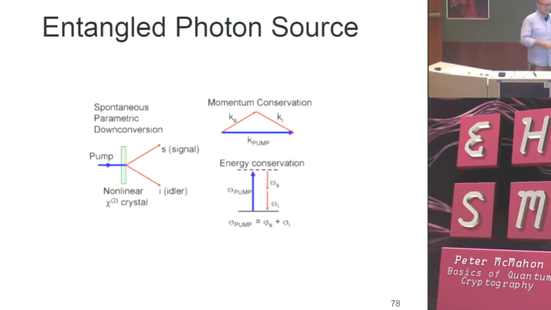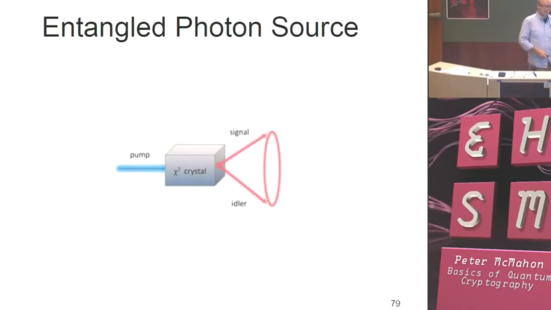And there's momentum conservation and angular momentum conservation. And this results, at least in some situations, in a case where you can pump the crystal and get out two photons that actually have correlated polarizations.